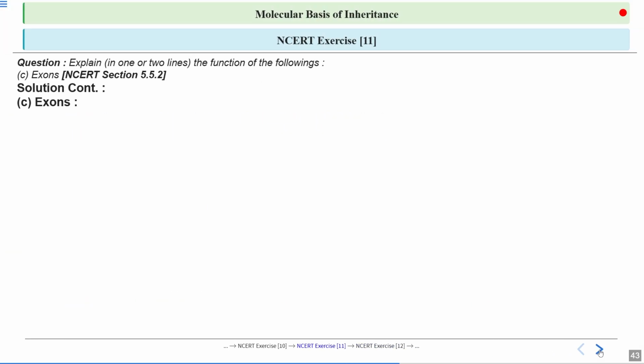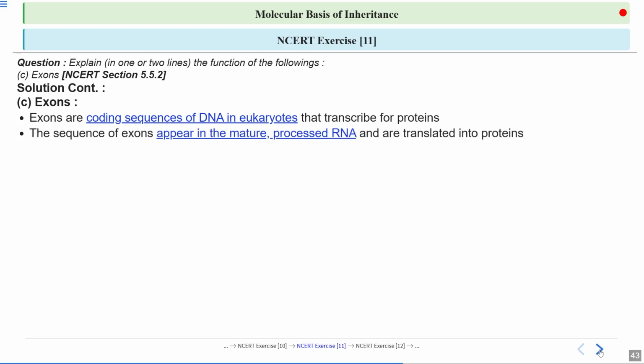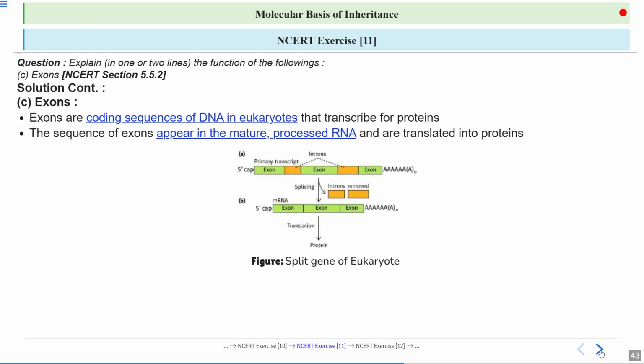Then come exons. What are exons? Exons are the coding sequences of DNA in eukaryotes that are transcribed for proteins. The sequence of exons appears in mature processed RNA and is translated into proteins. So we know that when DNA is transcribed into RNA, the mRNA is not in a mature form. It has introns as well as exons. Exons are the coding region, whereas introns are not.